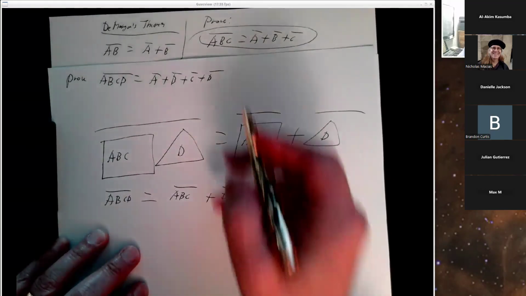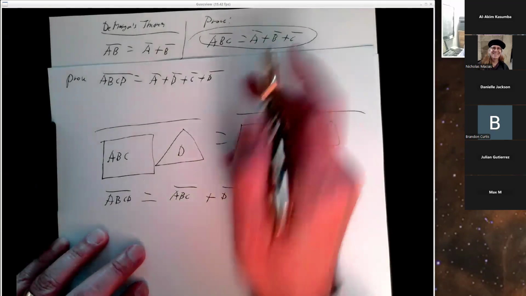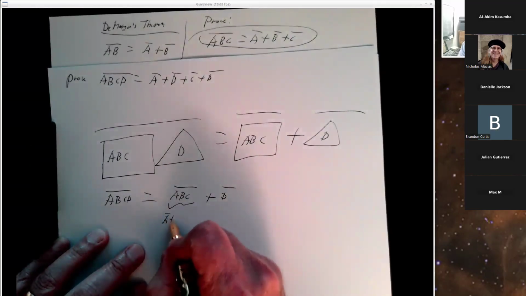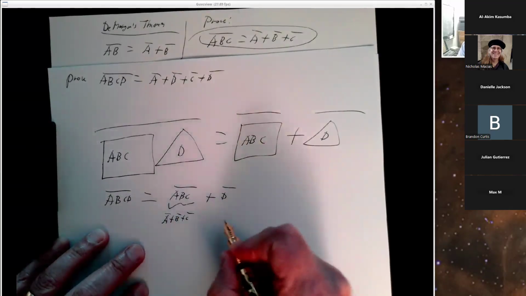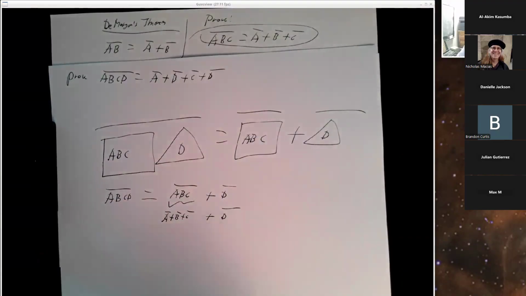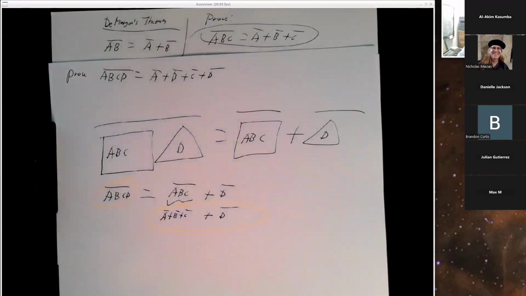And remember, we proved this three-variable version of De Morgan's theorem, so I'm going to take that and replace ABC bar with A bar or B bar or C bar. And I'm going to keep my D bar. And just like that, we've proven the four-variable version of De Morgan's theorem.